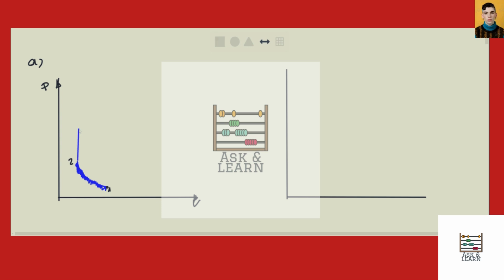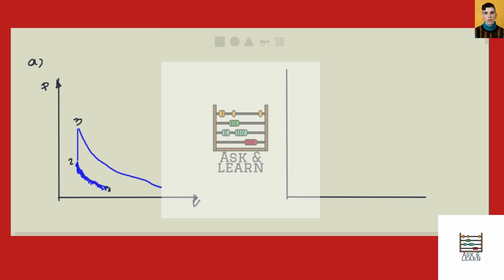Okay, well, this is the point 3, and the process from 3 to 4 is another isentropic transformation. Therefore, we have another hyperbole curve.